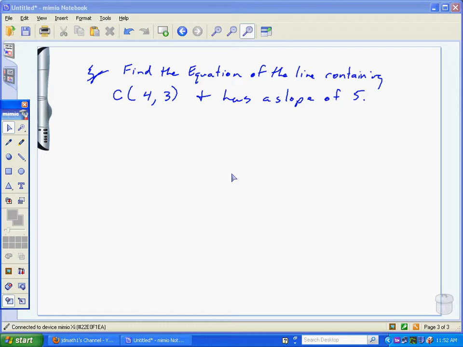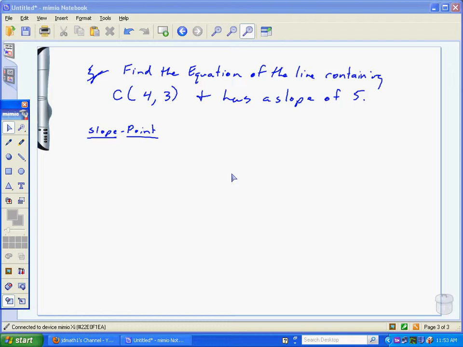Well, this is something different, because we call this formula something, so you can actually put this into your formula sheet. I call it the slope point formula, but lots of people call it that. When you're given a slope and a point, you use this formula, and it's basically just the slope formula reorganized.